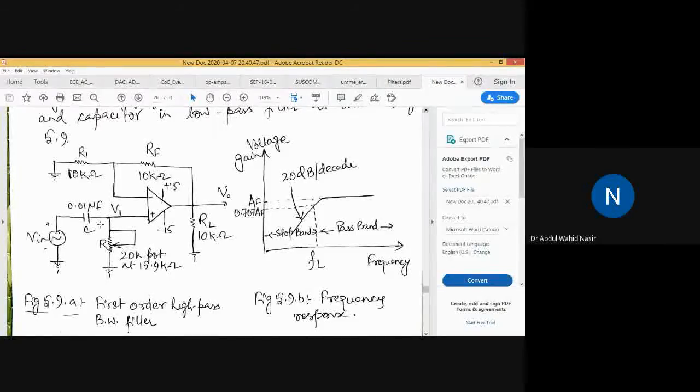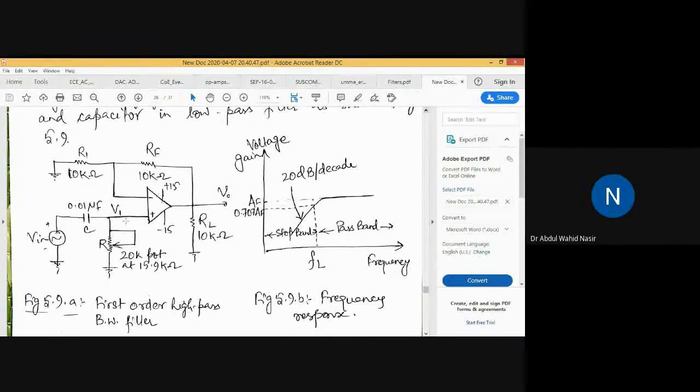The voltage is V in. V in is divided among two passive components, the capacitance and the resistance. The capacitance will have some reactance and the resistance will also have some reactance, so V in will get divided across these elements. Now, how can we find V1 using the simple voltage divider rule?